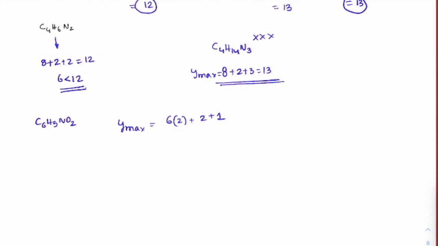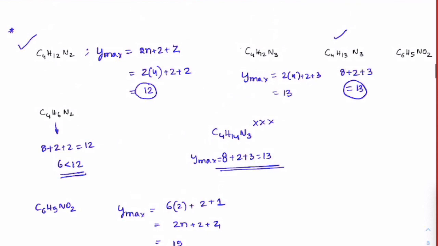Again let me repeat the formula: 2n plus 2 plus Z, where Z is the number of nitrogens, and n is the number of carbons. So there are 6 carbons, 6 into 2, 12, plus 2, 14, plus 1, 15. So the maximum is 15, and here I have given only 5, so definitely this will exist. I hope all of you understood that.